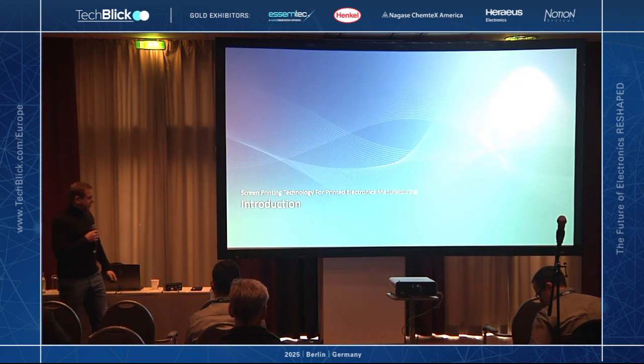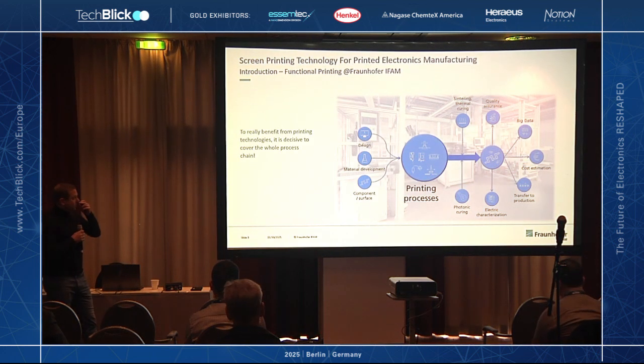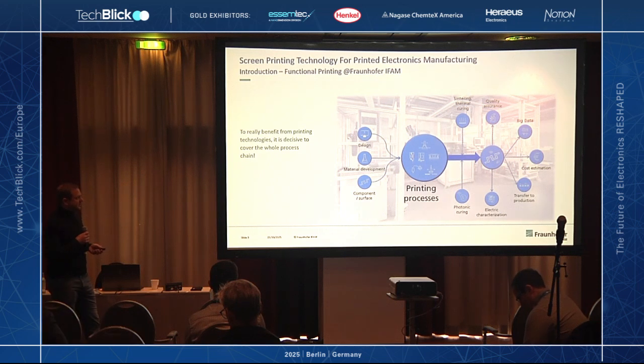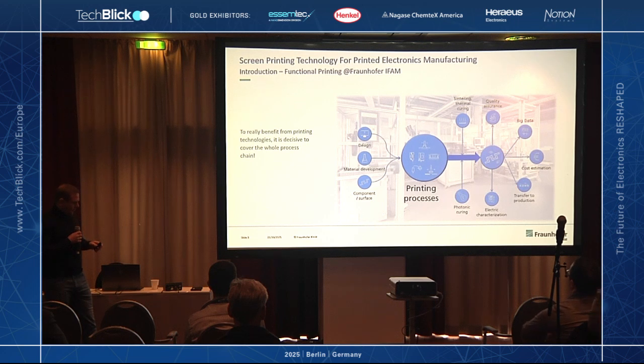So first of all, a short introduction. Our main goal is always to really have new printing possibilities or new processes in our manufacturing, but to really benefit from these processes, you have to have the whole process chain.